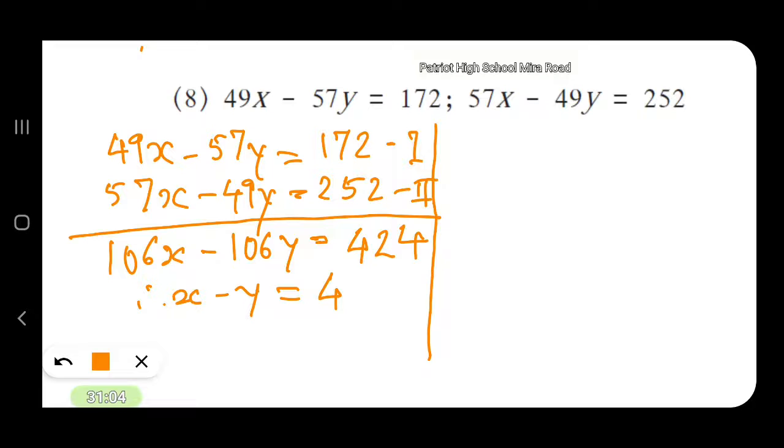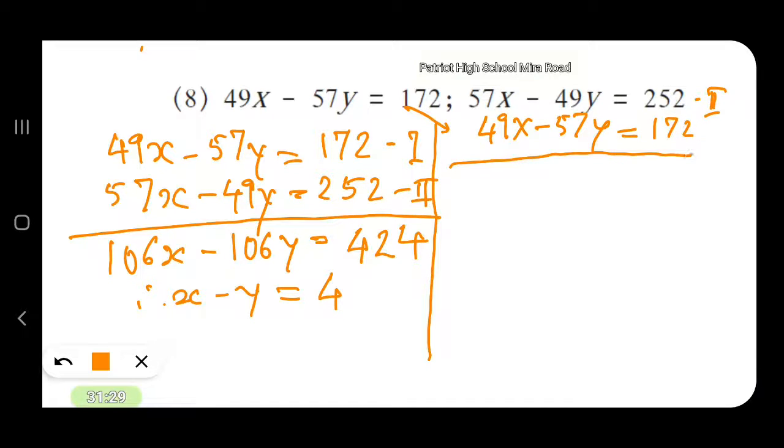And subtracting equation 1 from equation 2. So we will subtract equation 1. This is equation 2. Subtracting equation 1 from equation 2, we have 49x minus 57y is equal to 172. So subtracting, we have to change all the signs. Plus will become minus, minus will become plus, and this plus will become minus.